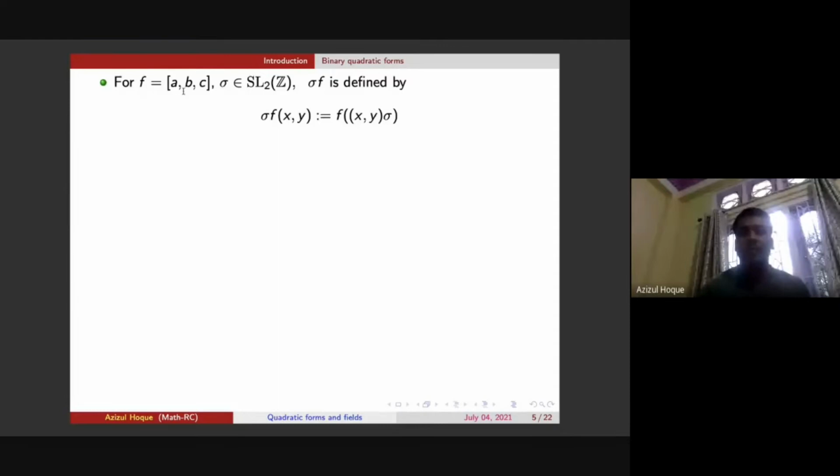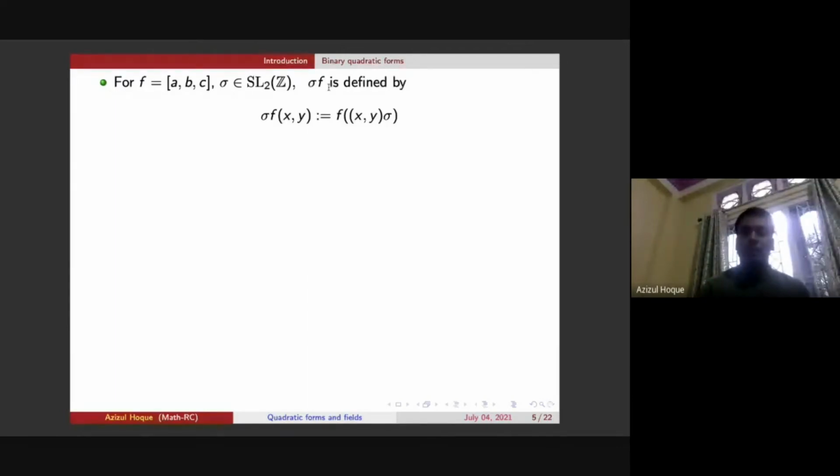Basically, for any element sigma of SL2(Z), define sigma f, the action of sigma on f.